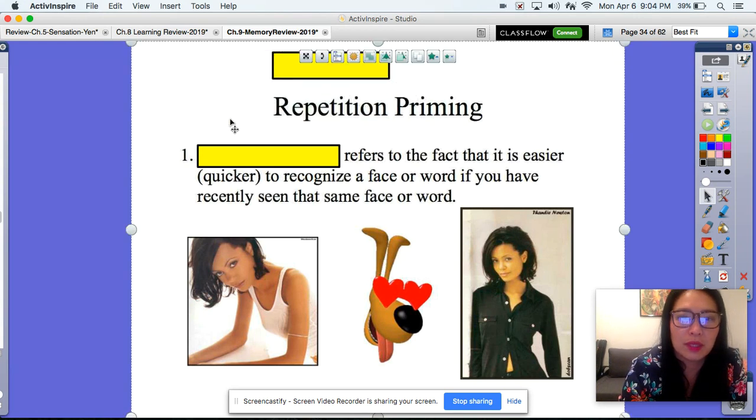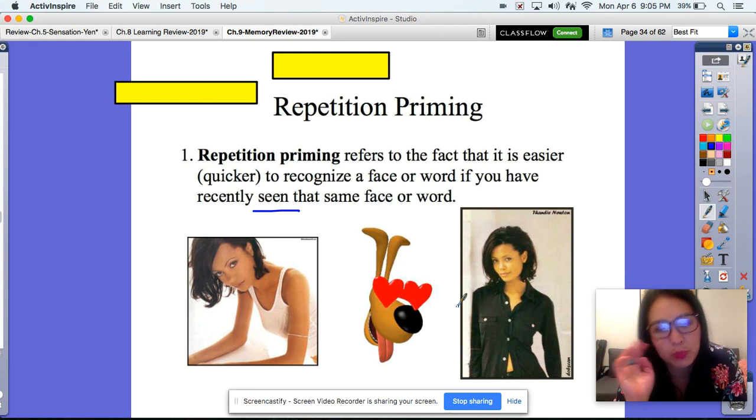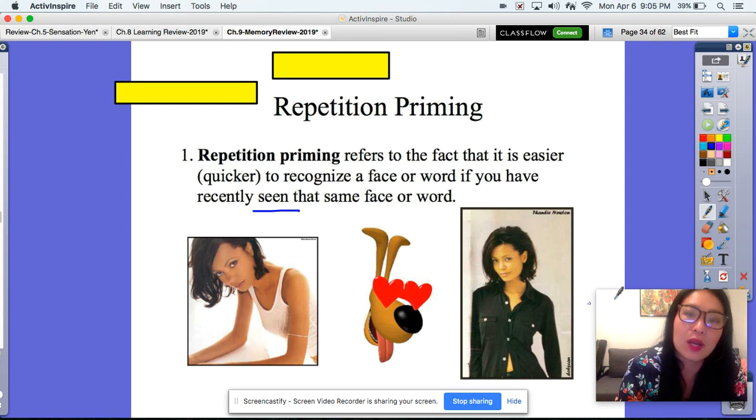Repetition priming, okay, refers to the fact that it is easier and quicker to recognize a face or word if you have recently seen it over and over again. So I think the example we used here was I had shown you guys this image and then I had switched the screen and I kind of asked some of you, who was that? A lot of people a few years back said, oh, that's Rihanna.